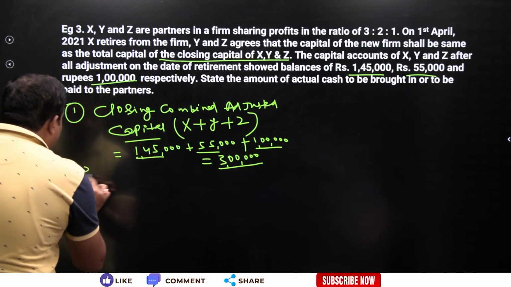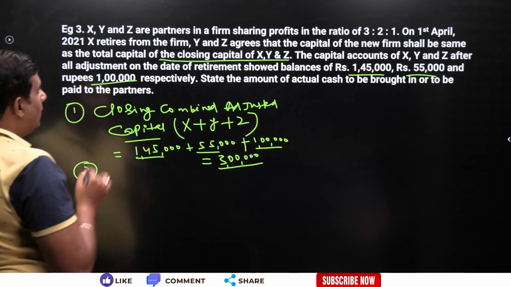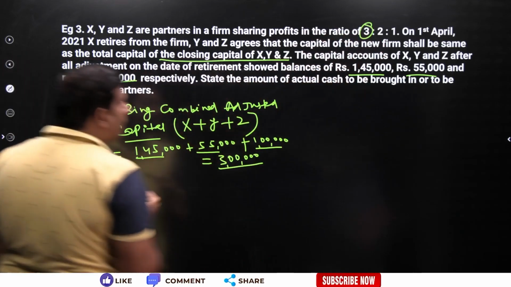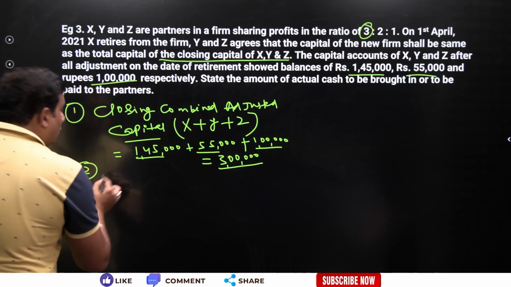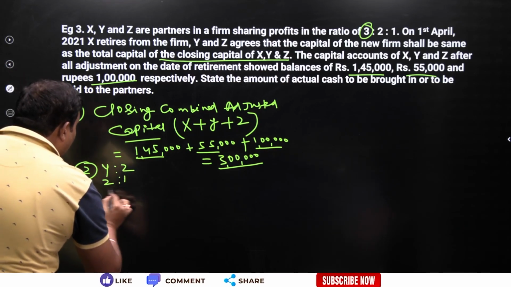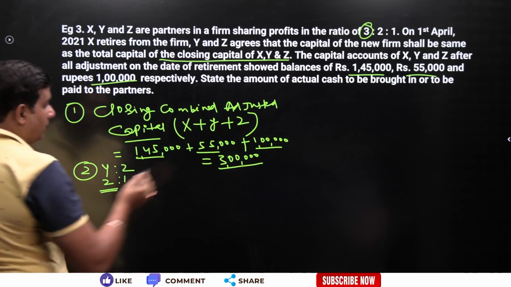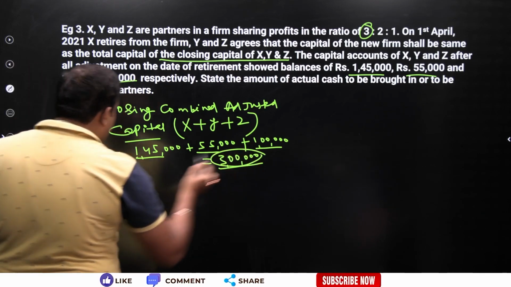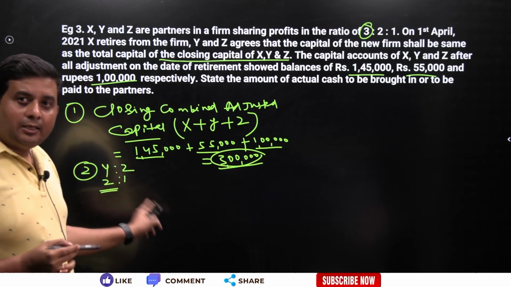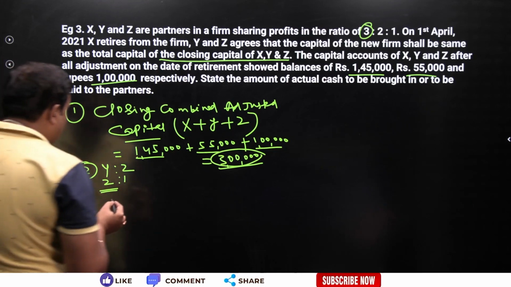Now this is the closing combined capital of all the partners including the retiring partner. Now we have to calculate the new profit and loss sharing ratio. Here I have considered that X is the retiring partner. So between Y and Z, the new ratio is 2:1. And the total capital of the firm is now distributed between Y and Z in their new profit and loss sharing ratio.